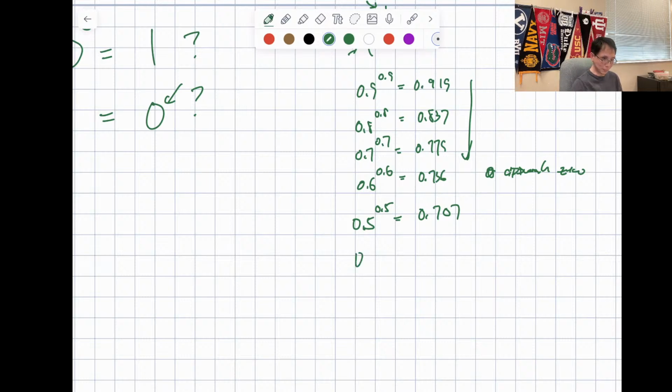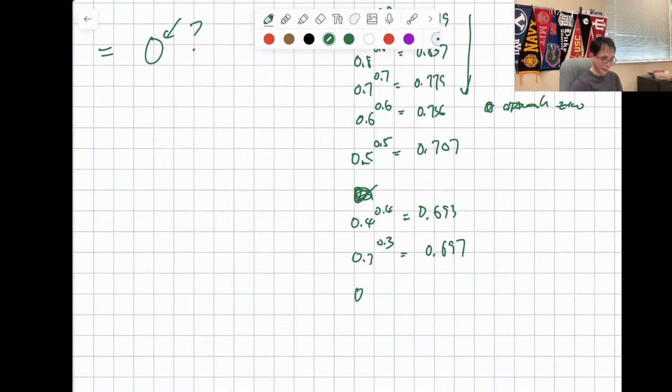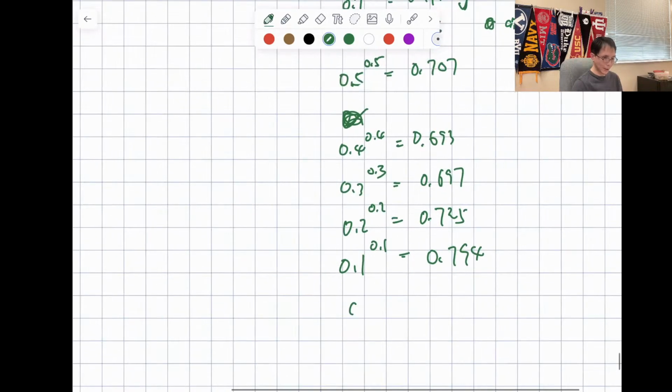Up, good job. 0.4 to the 0.4. 0.3 to the 0.3. Oh wow, it's turning around. The ship is turning around. Maybe math is right. 0.2 to the 0.2 power. 0.725. 0.1 to the 0.1. 0.01 to the 0.01.